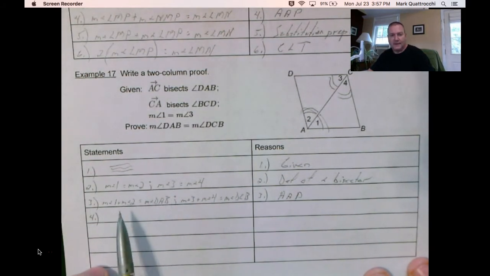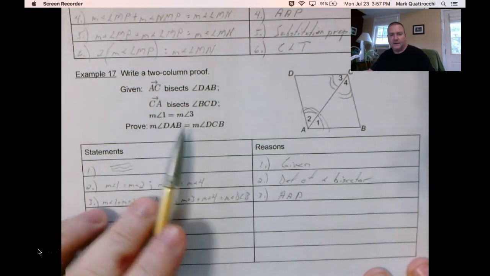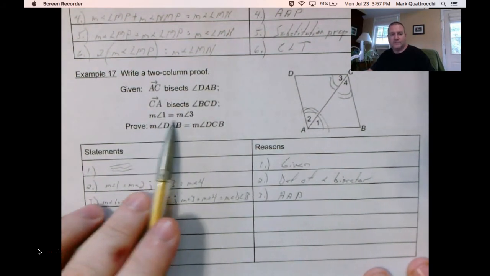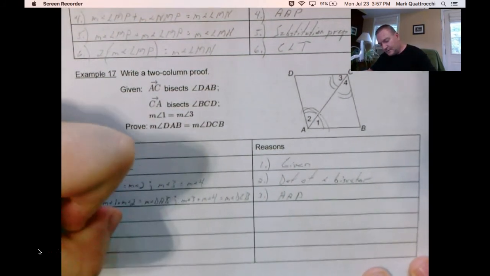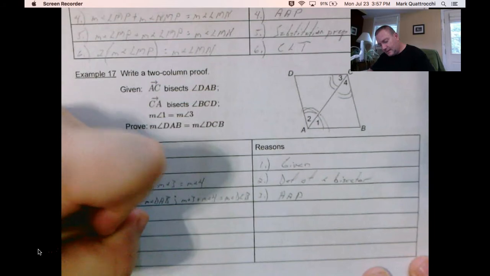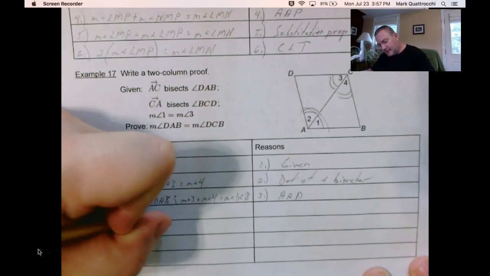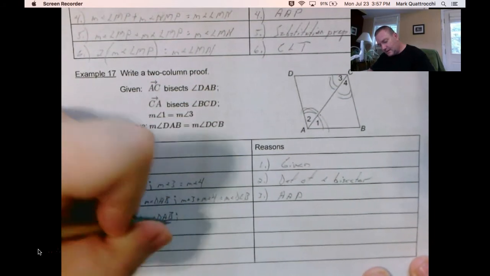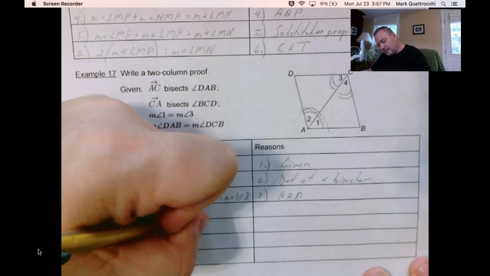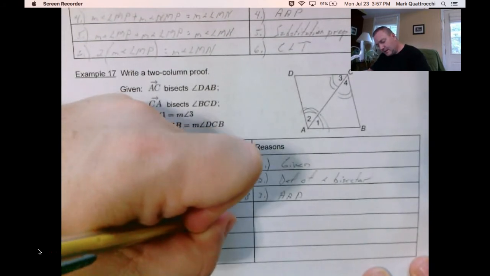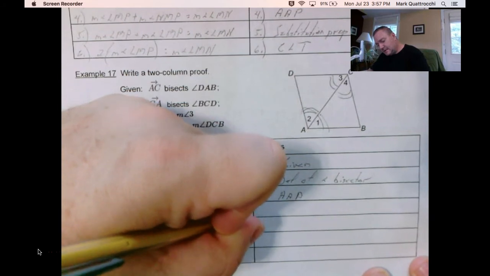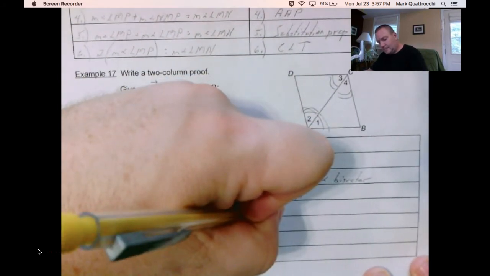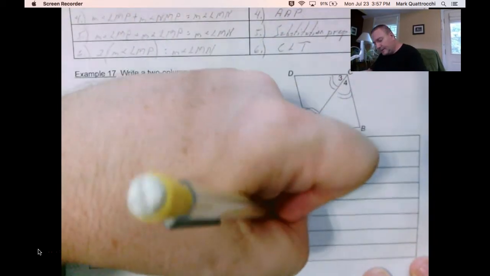That way I'm going to have a statement that has angle 1 in it and a statement that has angle 3, which will help me up here. So measure of angle 1 plus the measure of angle 1 equals the measure of angle DAB, and the measure of angle 3 plus the measure of angle 3 equals the measure of angle DCB. Substitution property.